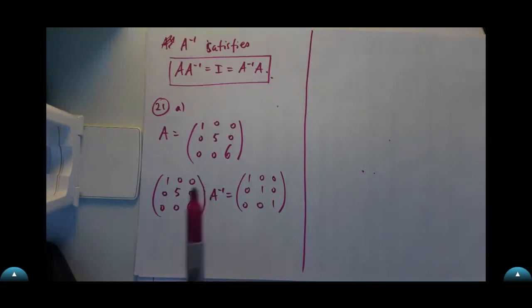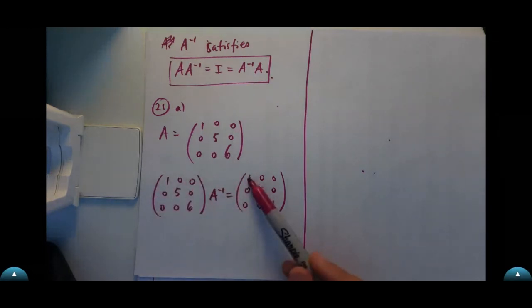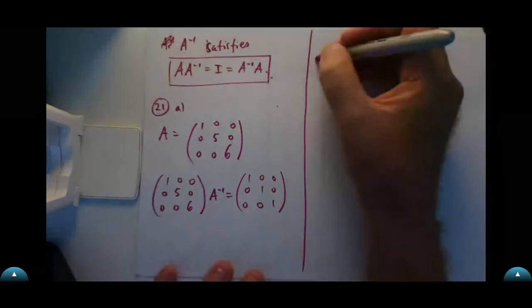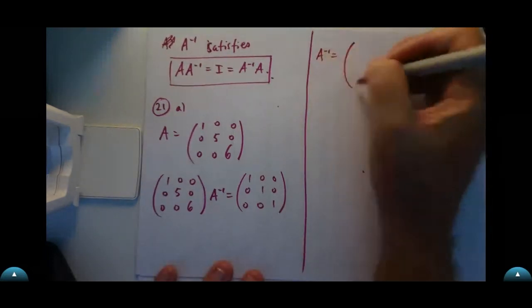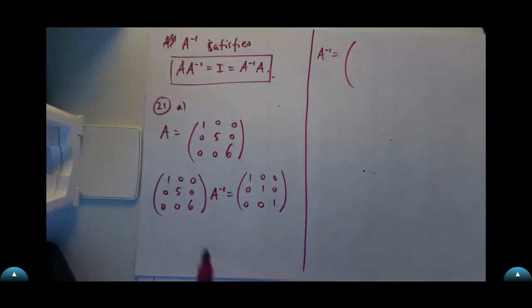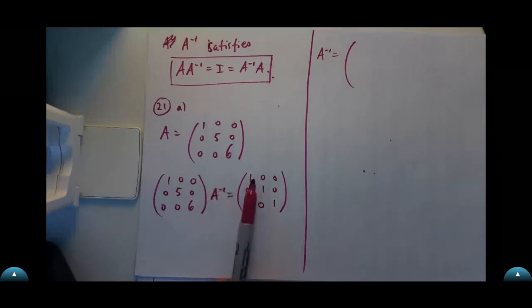So what's going to happen? I want to multiply the first row by the first column of A inverse, and get 1.